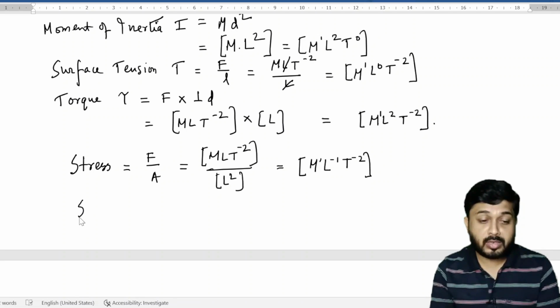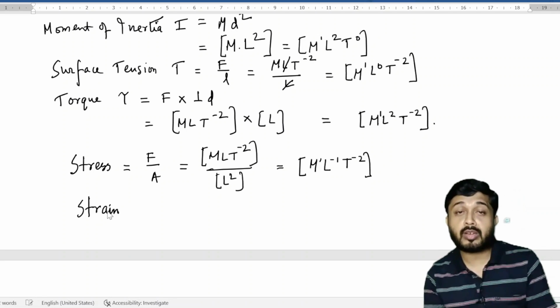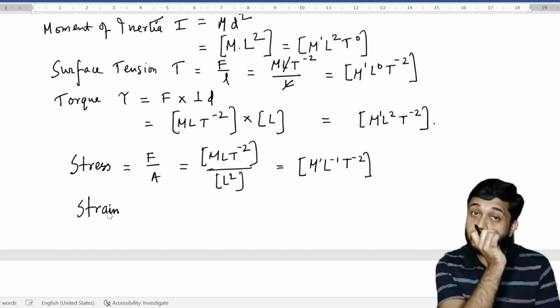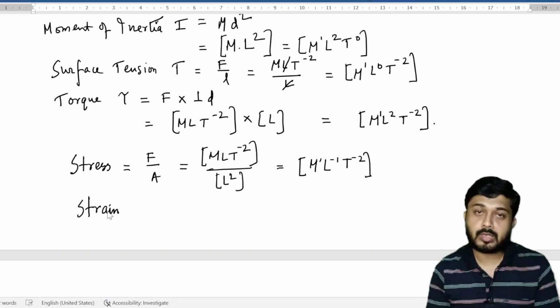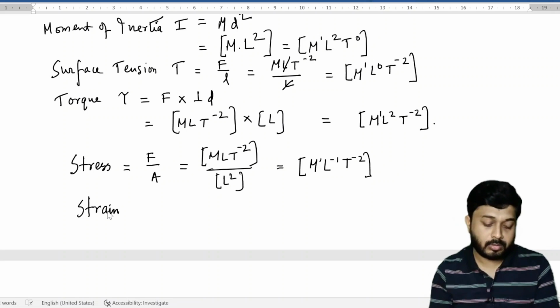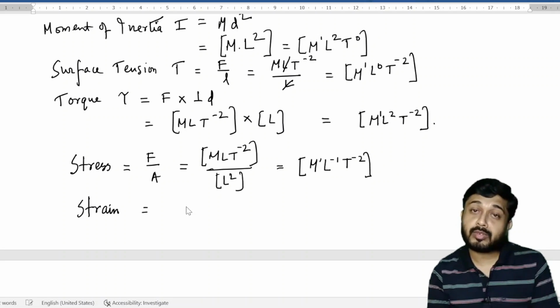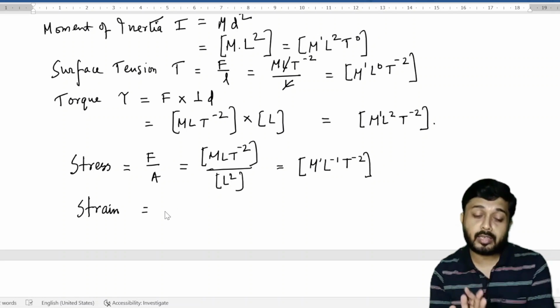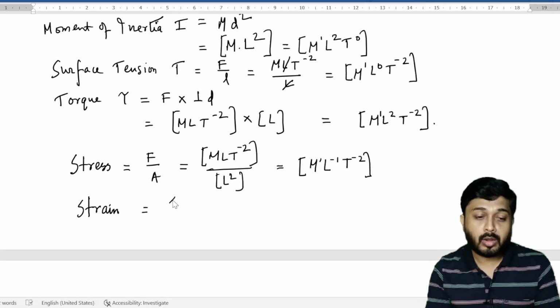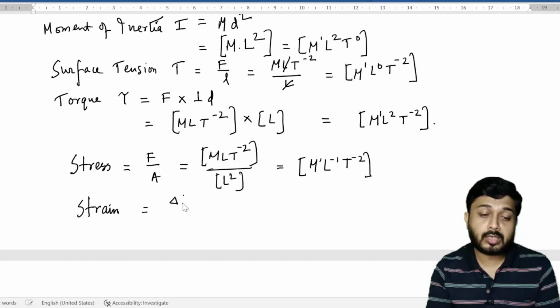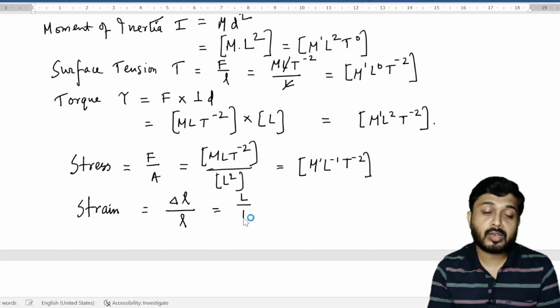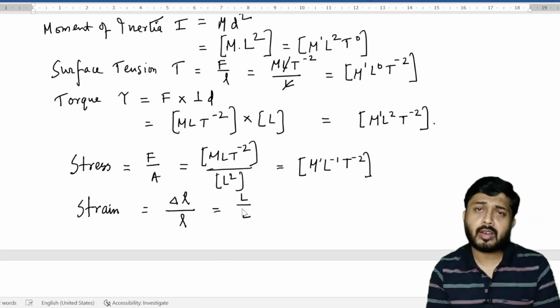After that, I must tell you strain. This is also another physical quantity which you get in that very chapter of elasticity in which you are getting stress. Strain is actually change in length per unit original length. So in the numerator is L, in the denominator is L also.